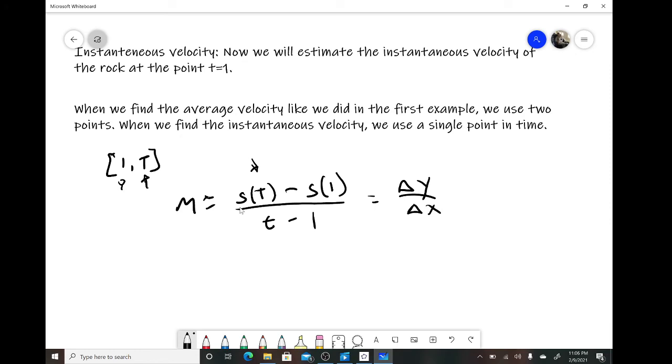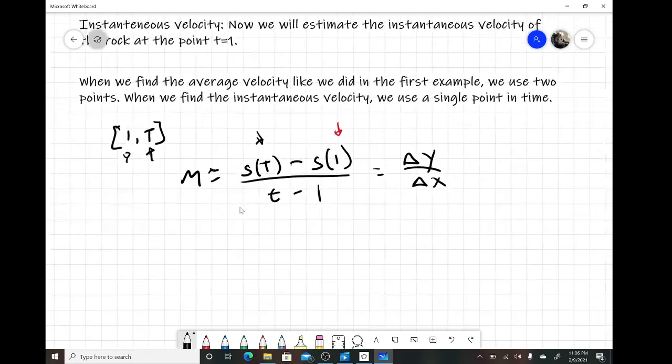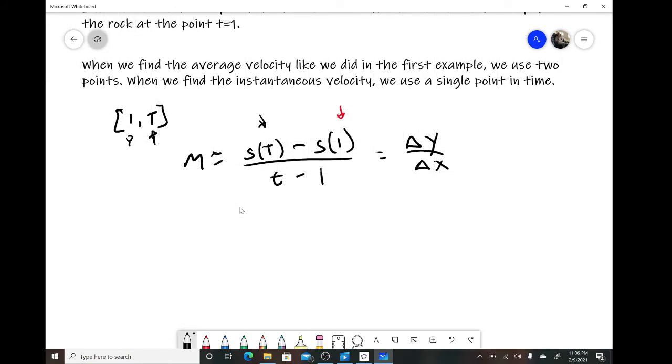So what we're going to do is make estimations, because we want to find out what happens at 1. So we have to get closer to 1. We have to find values that make us very close to 1. And for this, I'm actually going to make a table. We'll call this the time interval, and this the average velocity.